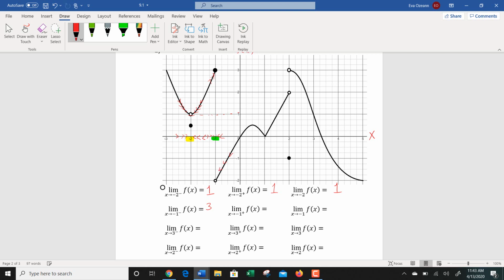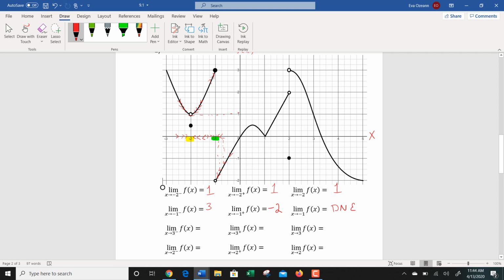So as I get closer, this one actually looks like my y is getting closer to -2. So remember, I'm following the graph as it gets closer to the x value -1. Now, if I ask you, hey, what's the overall limit as x approaches -1? Well, they don't have the same meeting place, aka the same destination. So we say the limit does not exist, or DNE. Remember, the limit has to be the same on the left and the right.